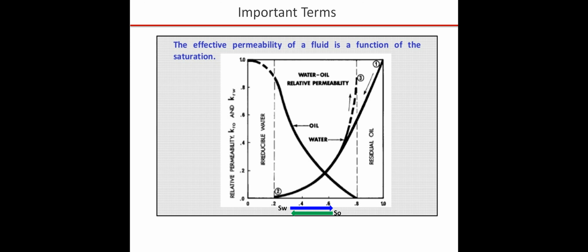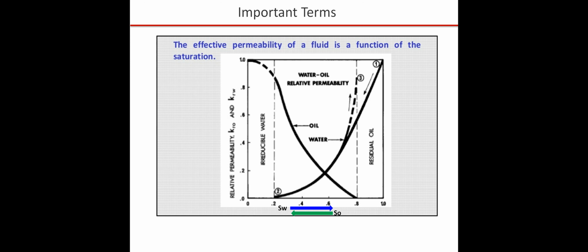So in fact, at the endpoint KRO, we have initial water saturation of 20% and oil saturation of 80%. This is two phases occupying the pores. And the other endpoint, where we have SW, water saturation 80%, the SOR is around 20%. So these are the endpoints.